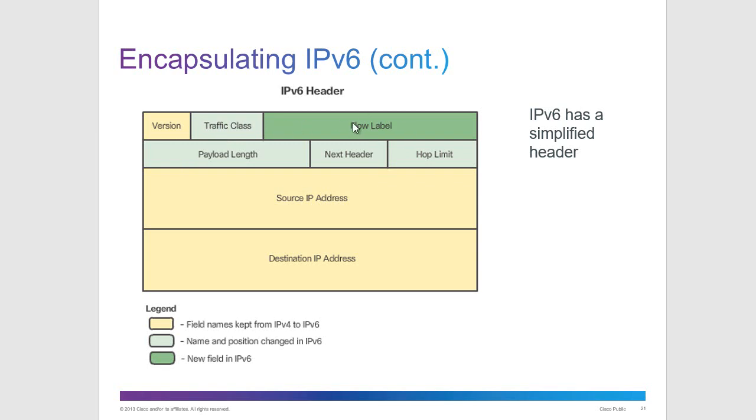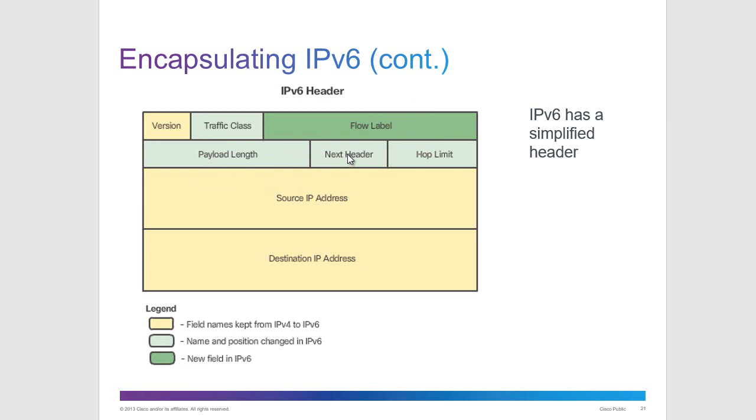The flow label field is a field that's 20 bits in size. It suggests that all packets with the same flow label get the same type of handling by routers in the routing process. You've got the payload length, which is the length of the data portion of the IPv6 payload.